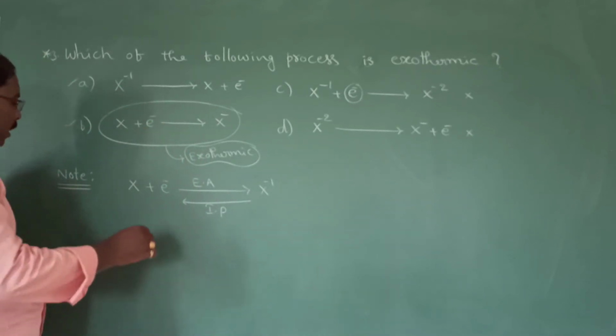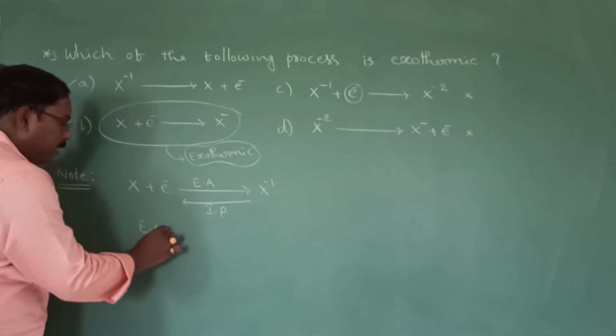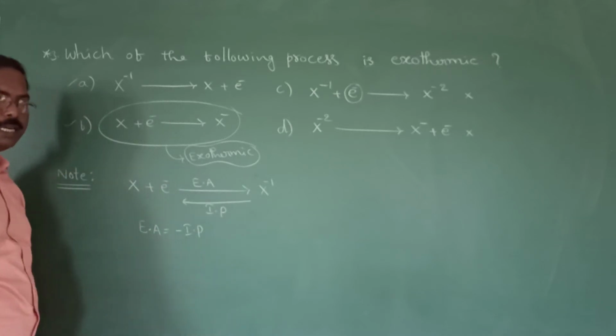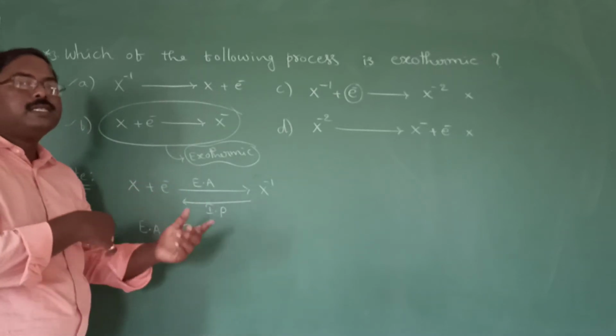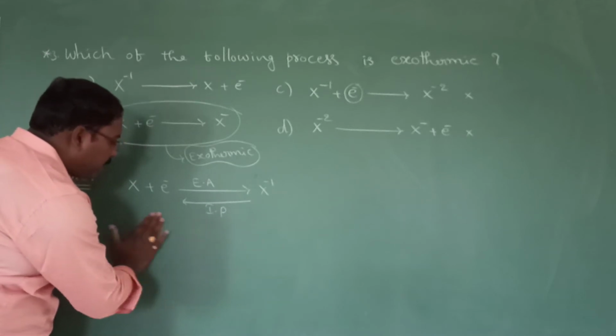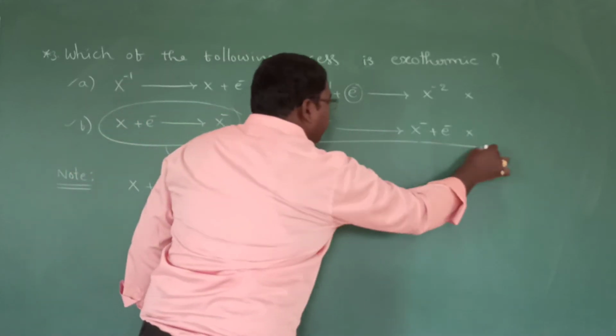Okay. So remember, the electron affinity value is the negative of the ionization potential. Negative in the sense opposite to the ionization potential value. Correct or not?